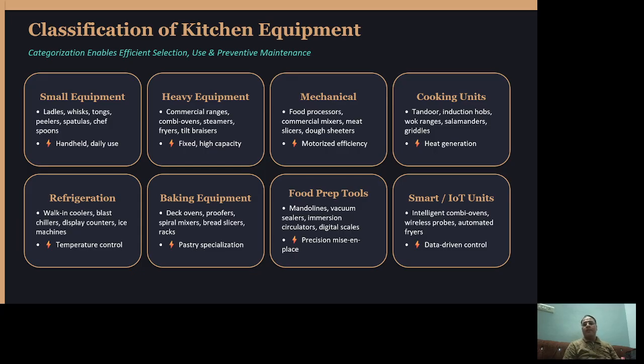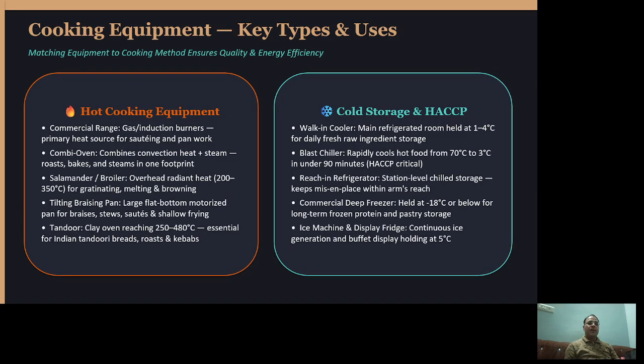In the modern era, we have some smart equipments with us also. Intelligent combination ovens are there, wireless probes, automated fryers we have. So these all are the equipments we need in the kitchen operations.